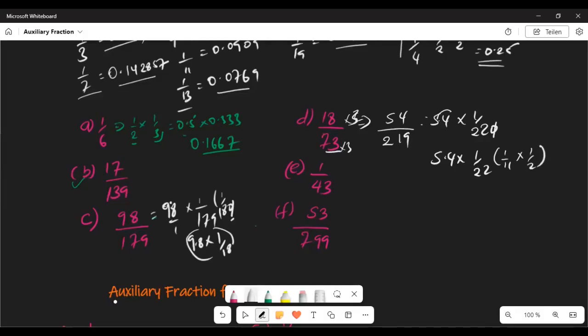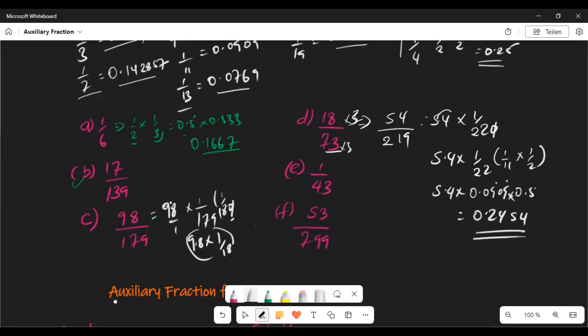And since we know all the values of this, we have here 5.4 multiplied by 1 over 11, which is 0.0909 recurring. And then 1 over 2 is always 0.5. So we want to multiply them. If you multiply them, that's when you come up with 0.2454.